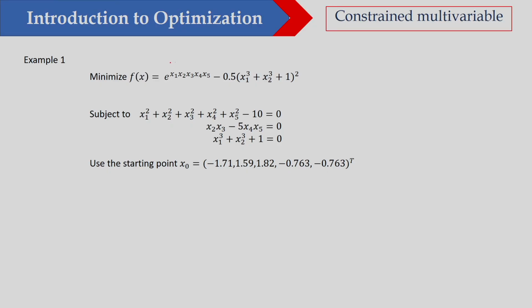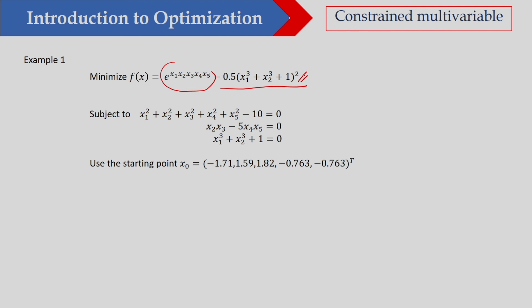So, here we have the objective function. The objective function is e to the power x1 times x2 times x3 times x4 times x5 minus 0.5 within bracket (x1 cube plus x2 cube plus 1) whole square. Okay.